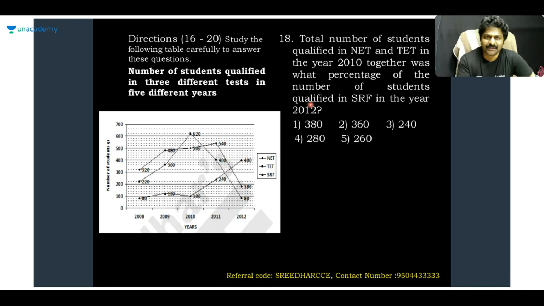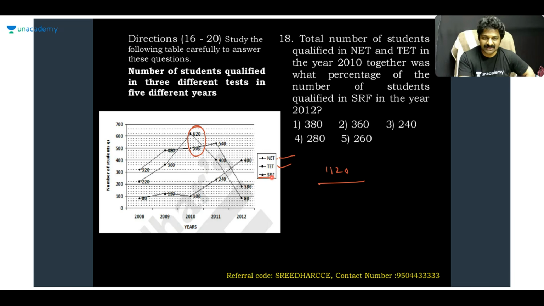Next, the total number of students qualified in NET and TET in 2010. NET and then TET, diamond and square in 2010. These two numbers add up to 1120. This was what percent of the number of students qualified in SRF in the year 2012?